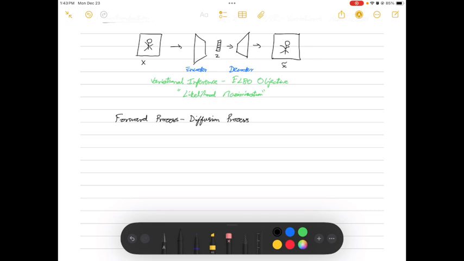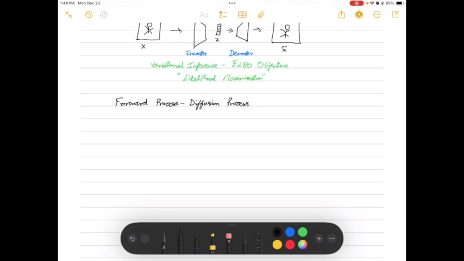During the forward process, we take the data sample, say we have X at time step 0, and we progressively add Gaussian noise to this data sample.